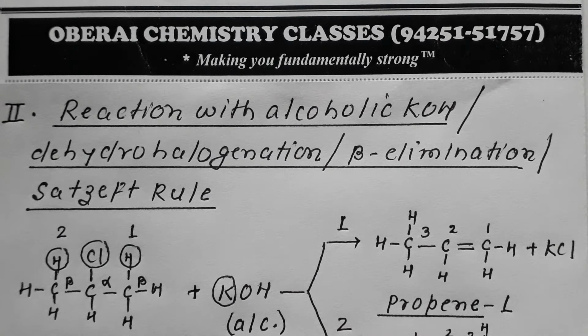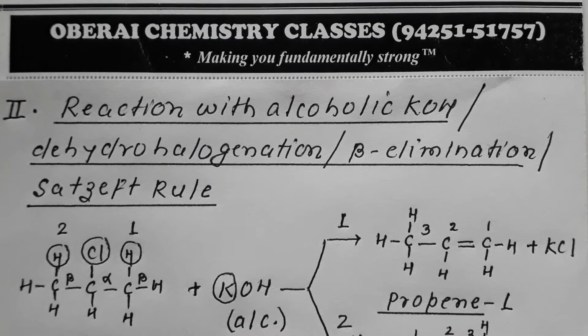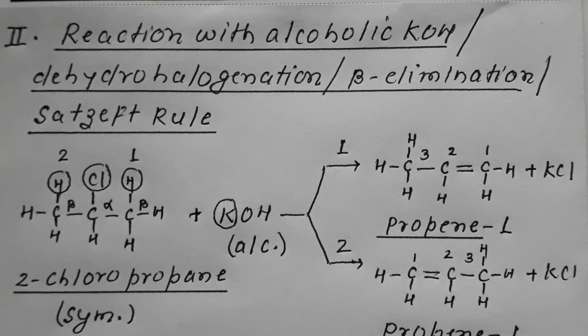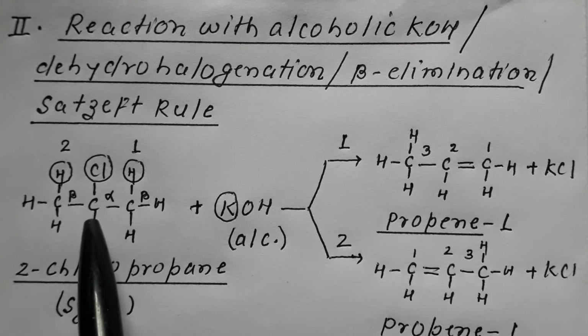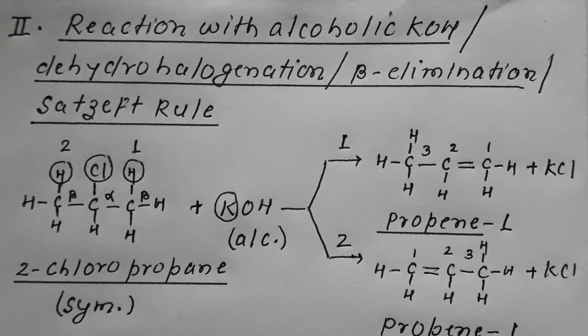So let us begin with what this reaction is all about. Suppose you are taking 2-chloropropane, a 3 carbon chain, having chloro at number 2. We are aware the carbon to which the functional group is attached is called alpha carbon.